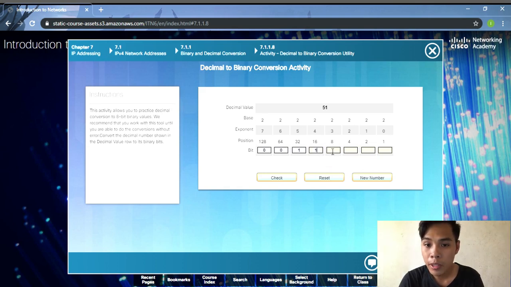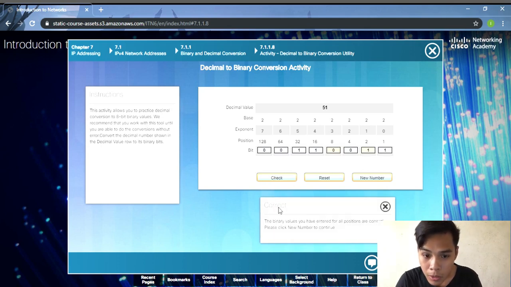We can't subtract 8 from 3 because the answer will be negative 5, so it will be 0. 3 minus 4 will be negative 1, so still 0. And 3 minus 2 will be 1, so we'll put 1 here. And 1 minus 1 will be 0, so I think we'll put 1 there. So let's check. Here it says the binary values you have entered for all positions are correct. Please click new number to continue.